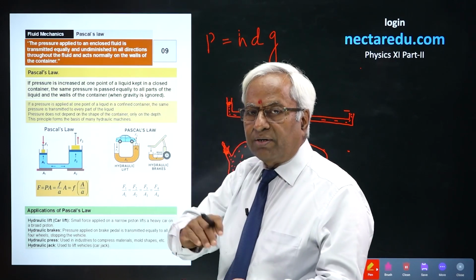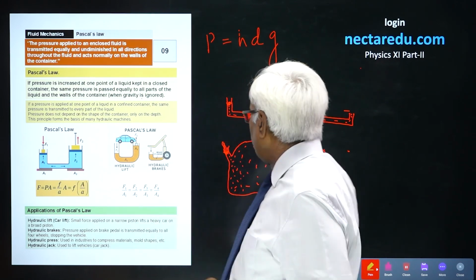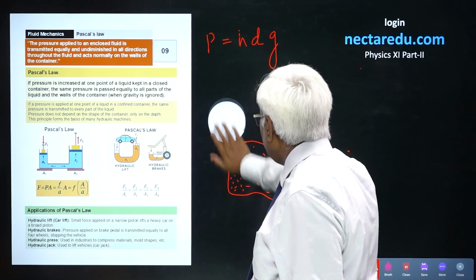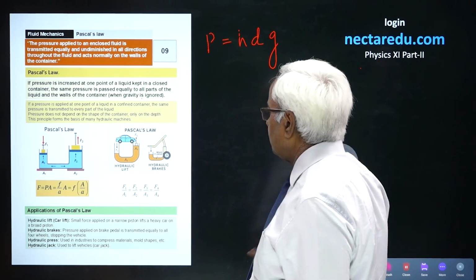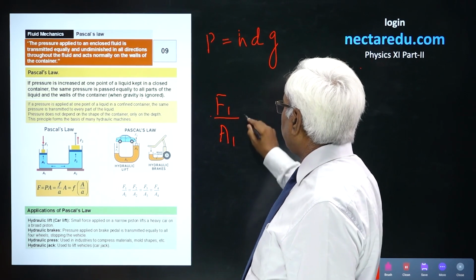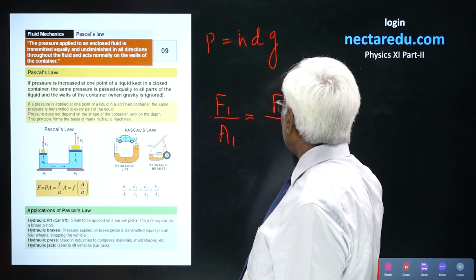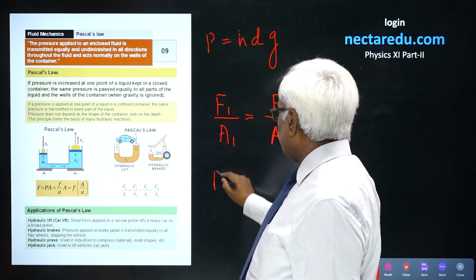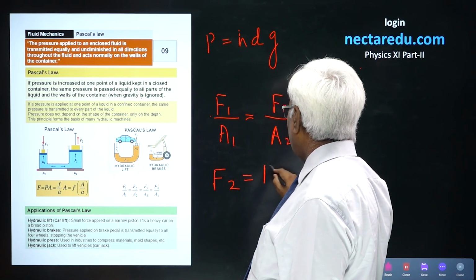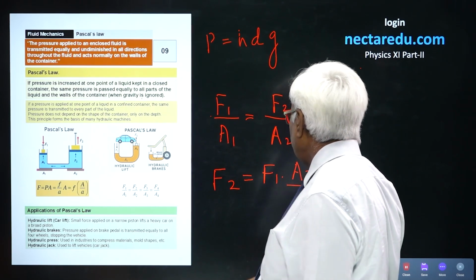I have put some weight on the movable piston, some load, F1. F1 upon A1, that is the pressure here. But you know, same pressure should be experienced throughout the liquid. Same pressure will be here also. Now, it means F2 becomes F1 A2 upon A1.